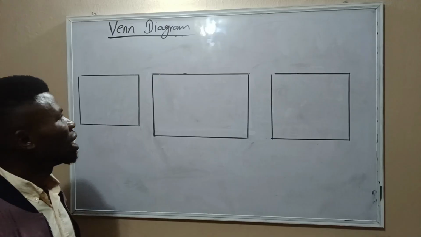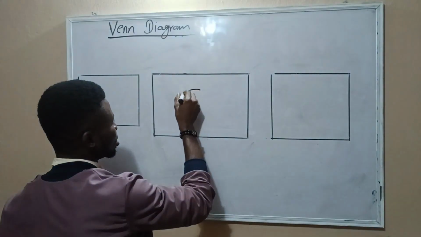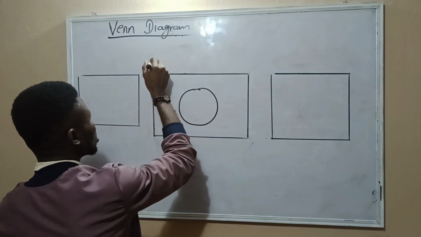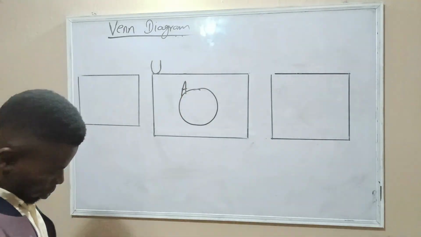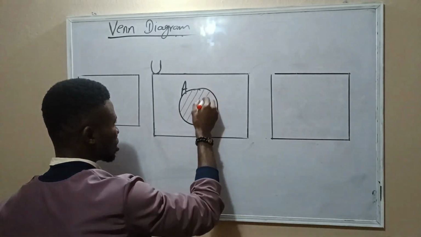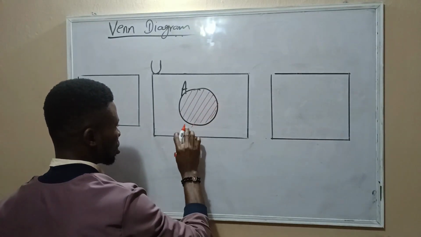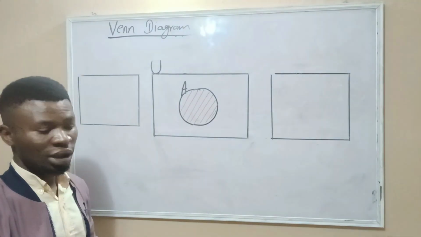Okay, first of all, we're starting with the elements of a set. Now, when you have something like this, of course, this is the universal set U, and this is set A. And then you shade the inside. So this is what we call the shaded part.